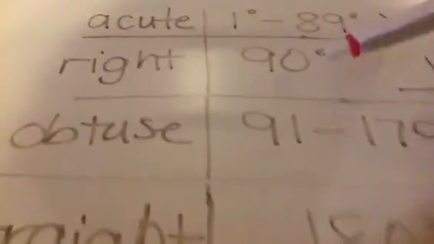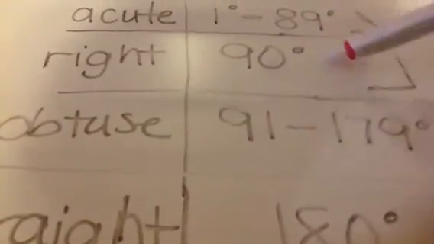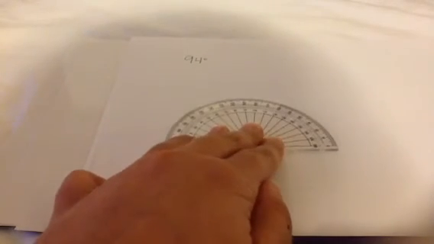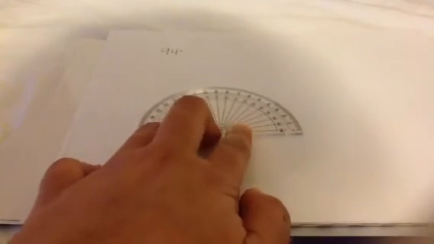Let's look at another example, 94 degrees. So 94 is an obtuse angle. It's a little bit past a right angle. When I draw this, step one is to recognize, is it acute, right, or obtuse? So I know it's obtuse. Step two is pick a side to start.